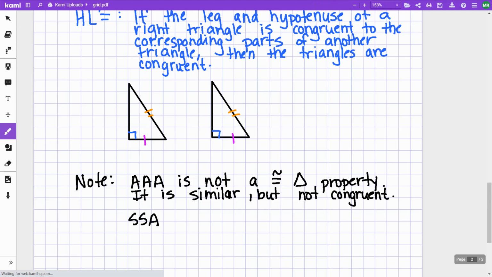Side angle is also not a congruent triangle property. And that's the end of this video.